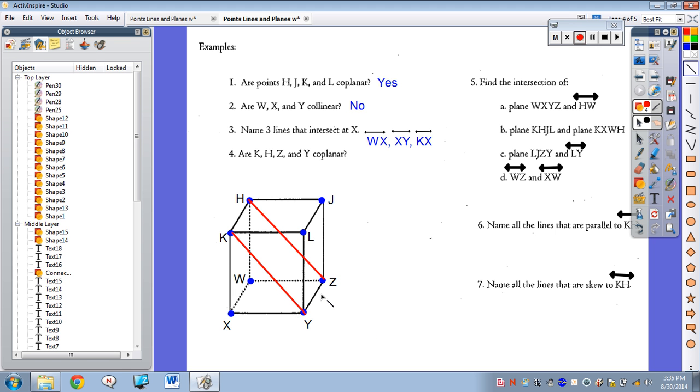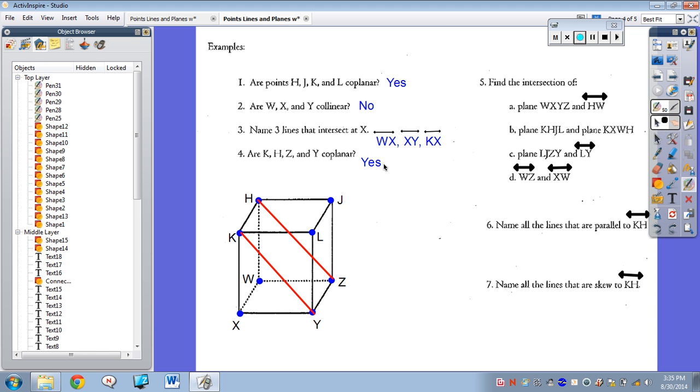You have a diagonal plane going through your cube. So they actually are all on that same plane. It's just a plane that you don't visually see right away. But if you connected all four of those points, they actually do make a diagonal plane. So this is yes.